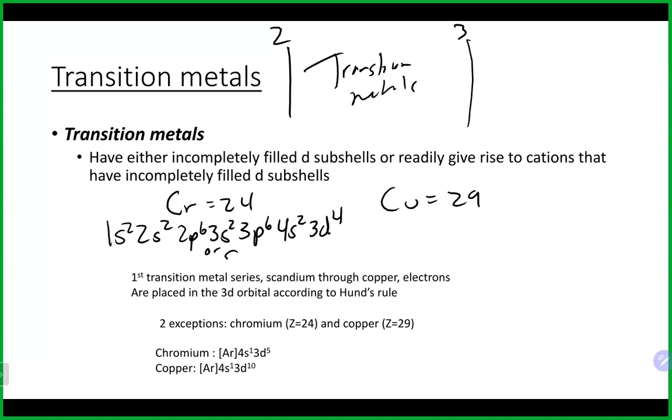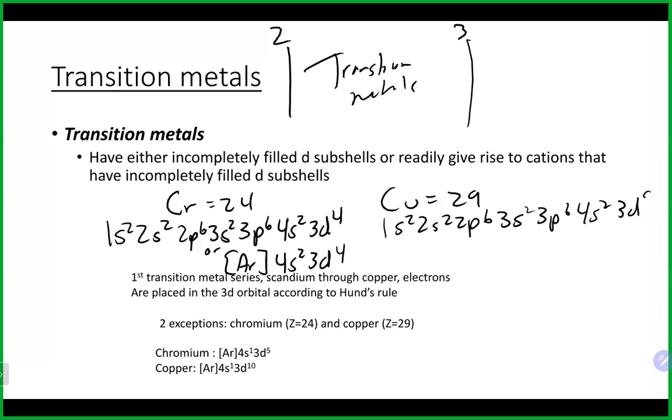Or if you want to shorten it down, that would be argon, 4s2, 3d4. Same thing for copper, it'd be 1s2, 2s2, 2p6, 3s2, 3p6, 4s2, 3d9, or shortened, argon 4s2 3d9.